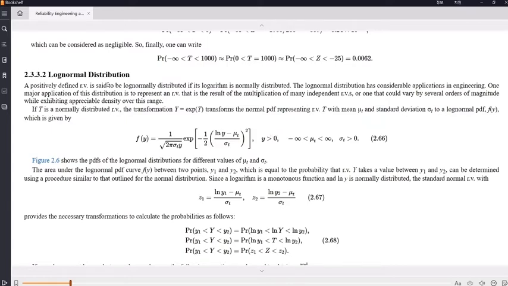It is said to be log-normally distributed if its logarithm is normally distributed. So if we take the logarithm of the random variable, and then it is normally distributed, then it is called a log-normal distribution. And this log-normal distribution has considerable applications in engineering.